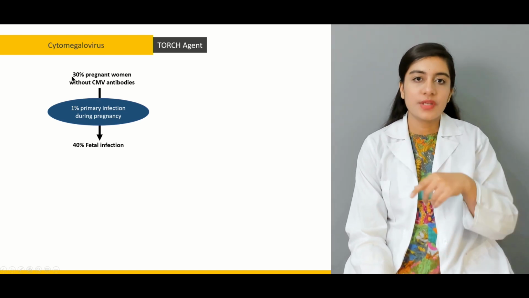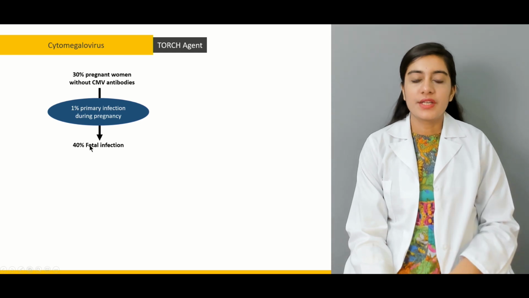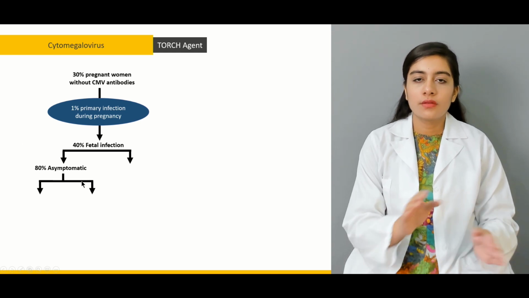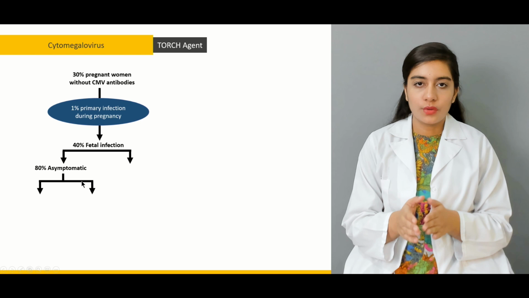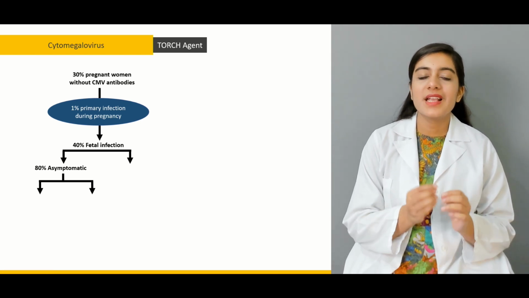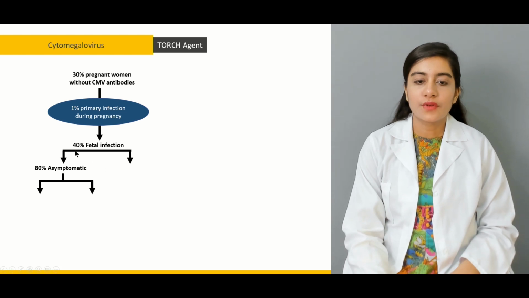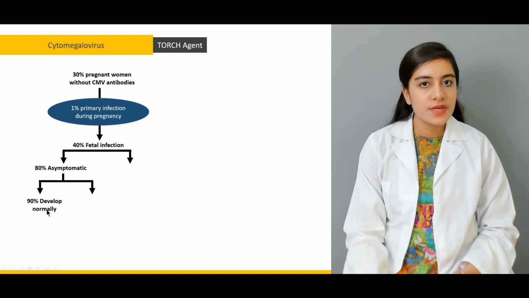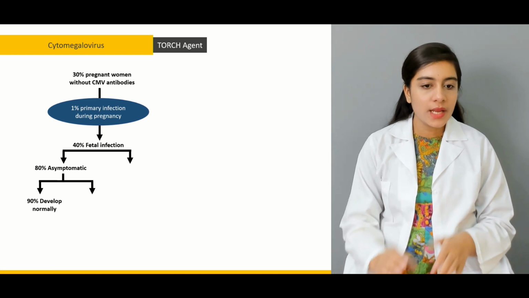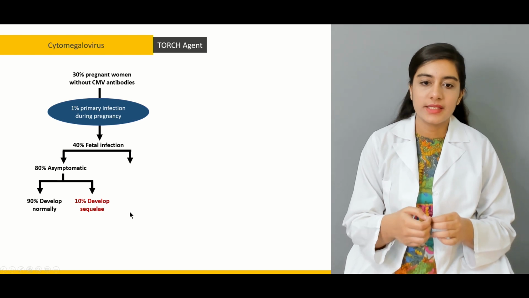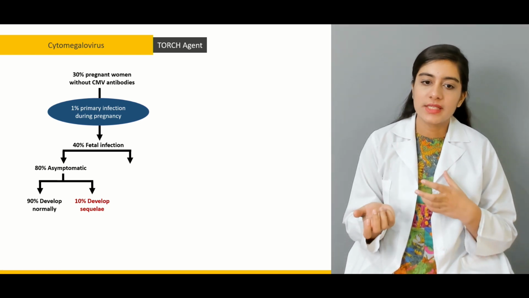Out of these 30%, 1% is usually affected, and 40% fetal infection. So it has now two outcomes. The first one is that 80% of cases are going to be asymptomatic out of these 40%. Now, 90% of those fetuses will develop normally, but the remaining 10% will develop sequelae of the disease, that is the cytomegalovirus disease.